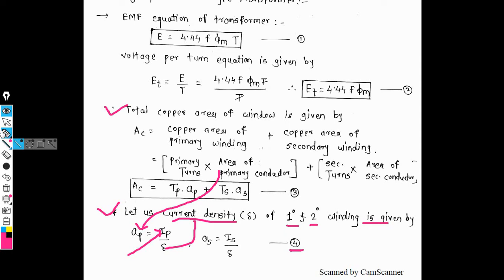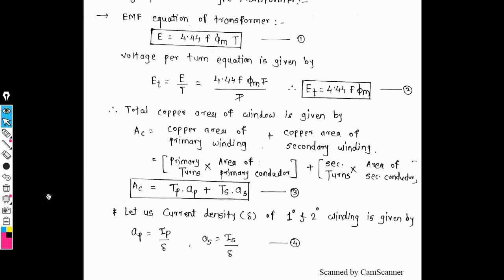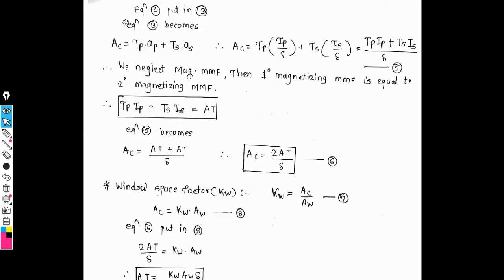Now put equation 4, Ap is equal to Ip upon sigma and As is equal to Is upon sigma, in equation number 3.